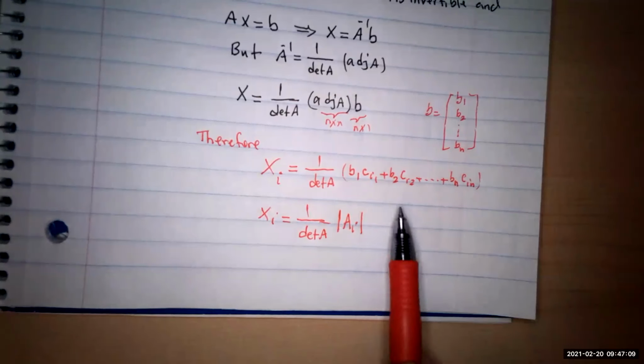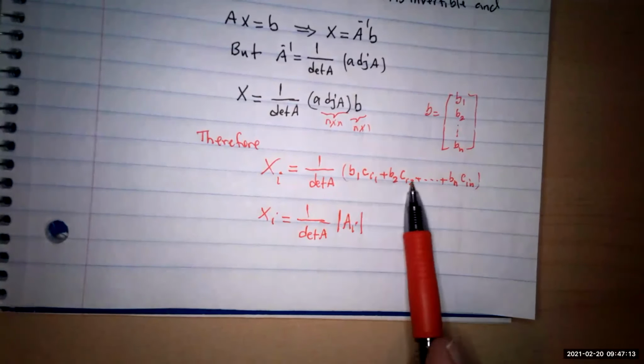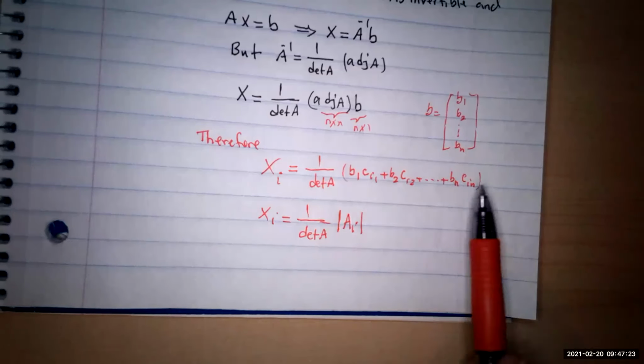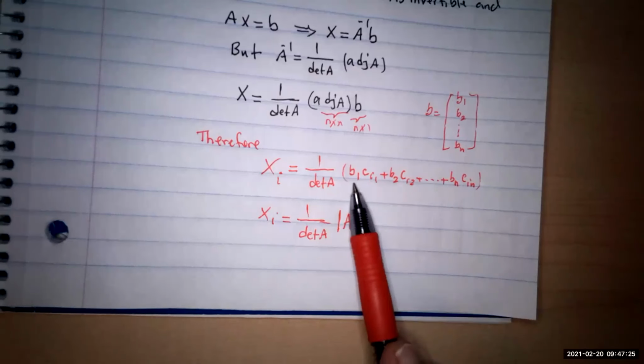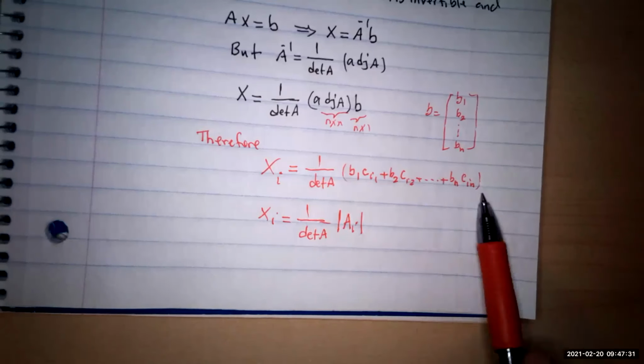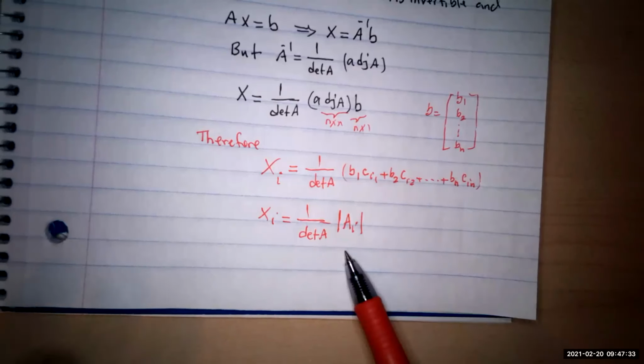Usually these are cofactors, and these coefficients are entries of the matrix A: A11, A12, A13, etc. In this case, you replace those entries by the entries from the constant vector, B1, B2, B3. That gives you exactly the matrix Ai.